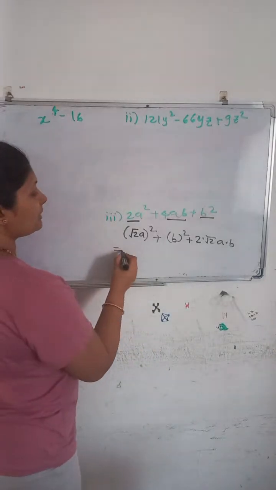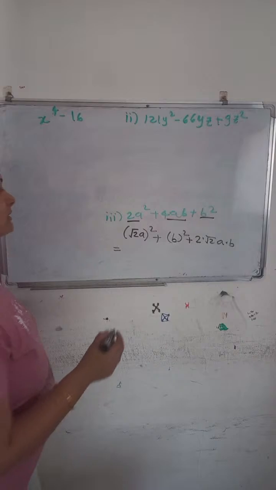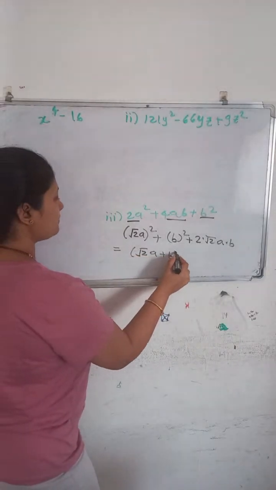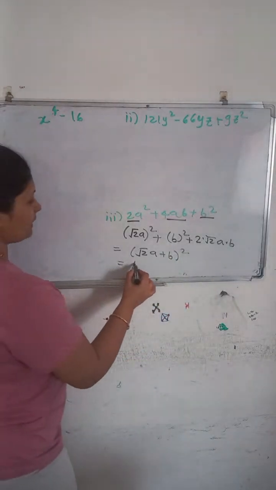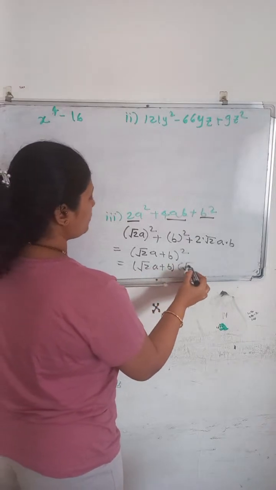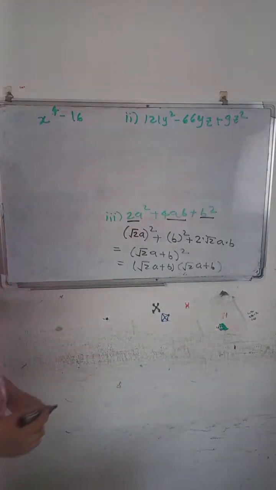This is nothing but a plus b whole bracket square. So we can write root 2 into a plus b whole bracket square. These are the factors, or you can write it as root 2a plus b, root 2a plus b. This is the answer for the third part.